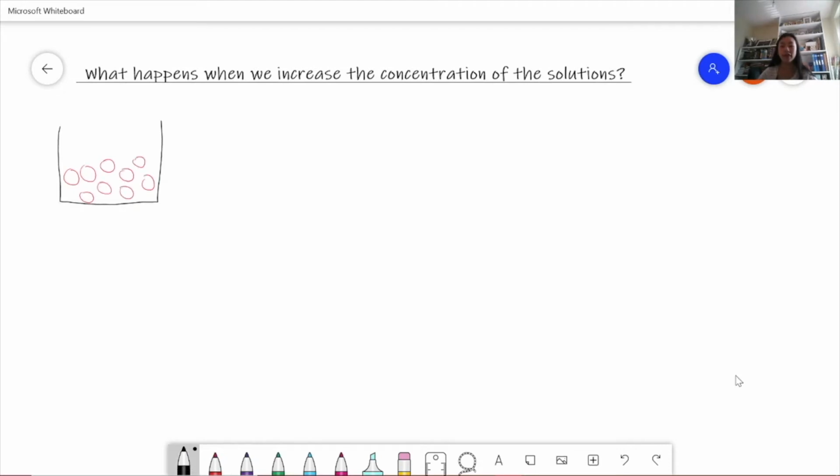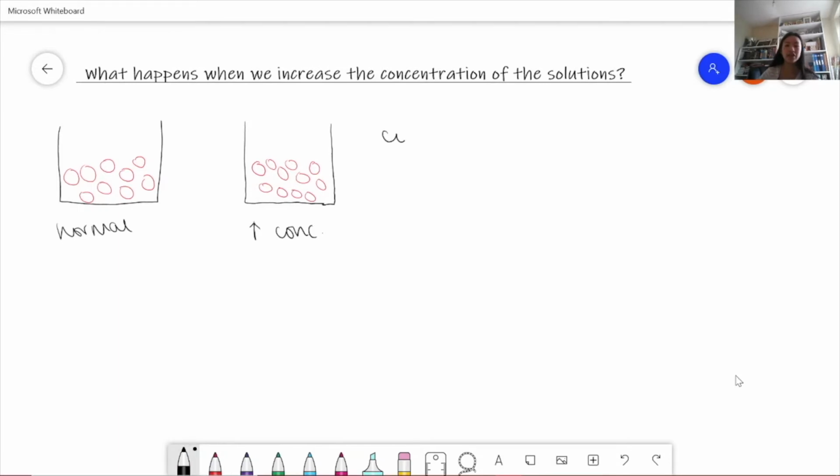If we increase the concentration, we have the same size of box. So this is normal, and this is increased concentration, but we have more particles in that space compared to before, because that's what concentration means.